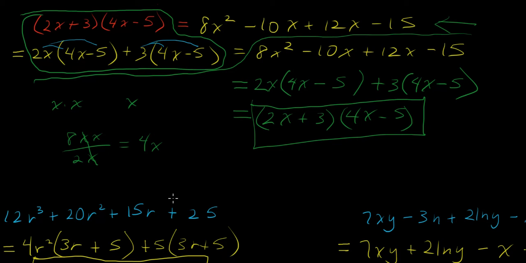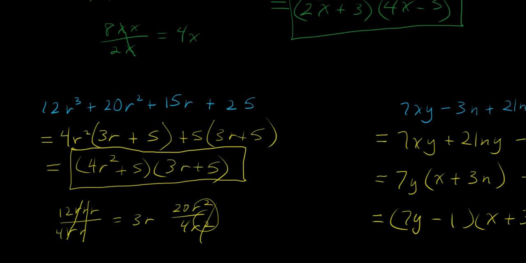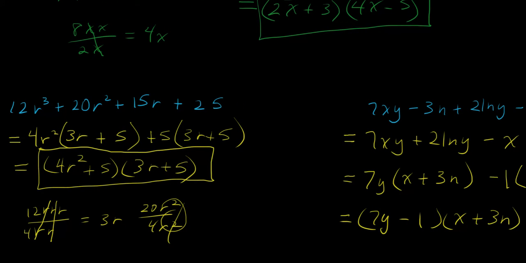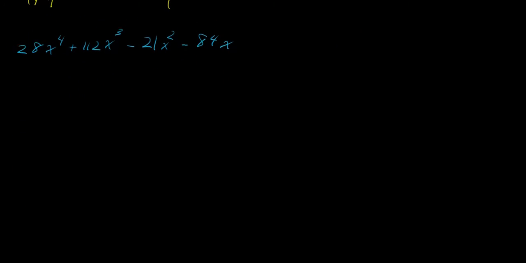No, there's not. Same with this one. There is nothing common to all 4 of these terms. But always check for that, because you can save yourself a lot of headache if you happen to notice that there is something that can be pulled out of all of them.